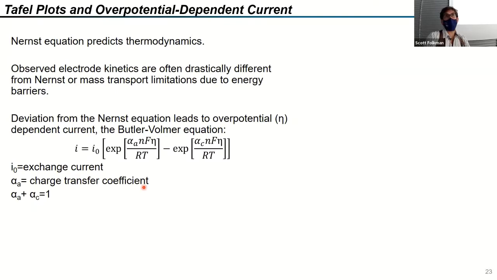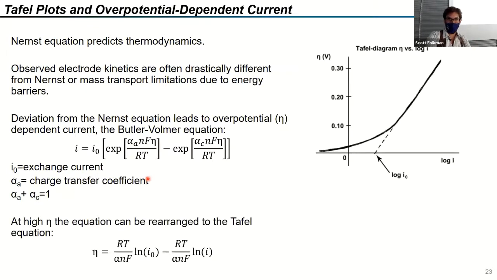I've applied 1.53, and the standard potential is 1.23. That's 300 millivolts overpotential that I've applied. That's the extra potential I've applied to do the work.